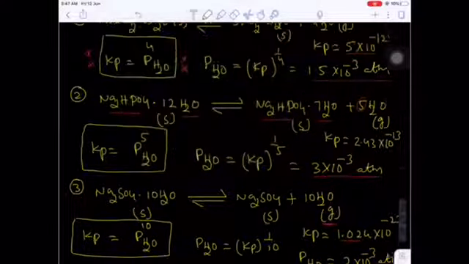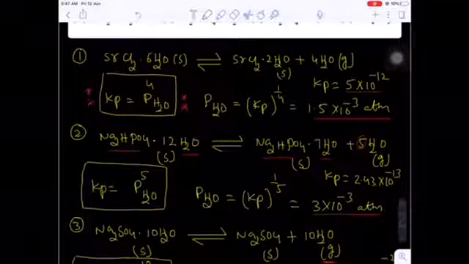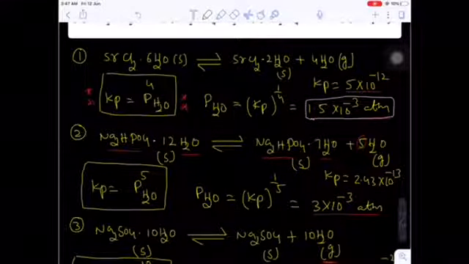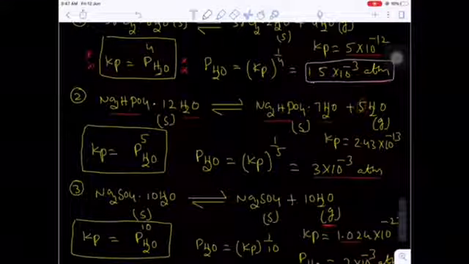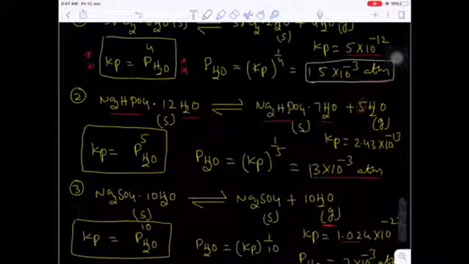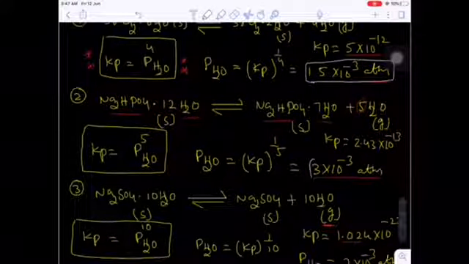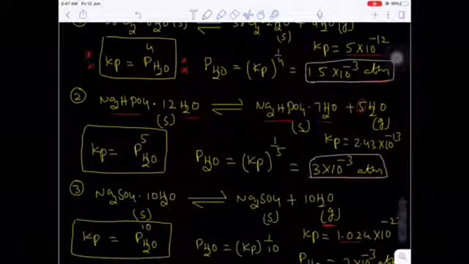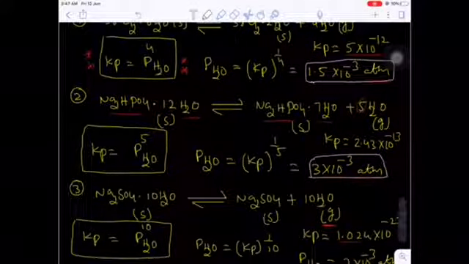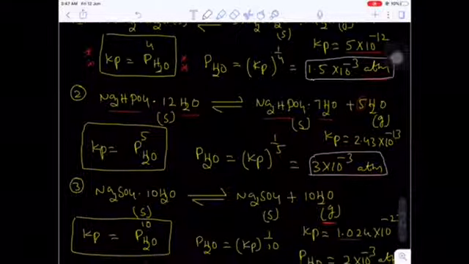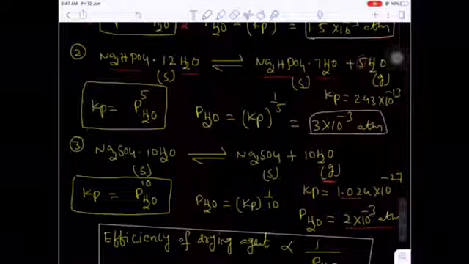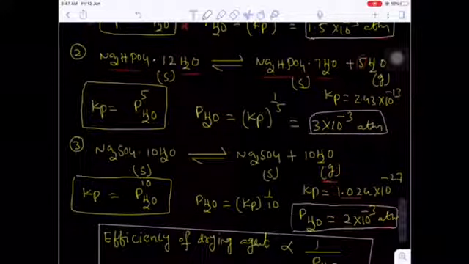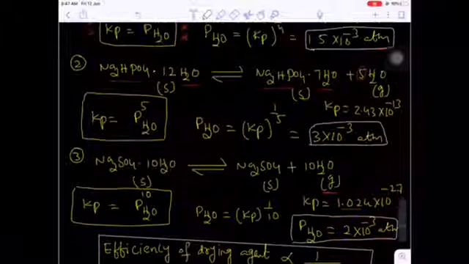Now there are 3 values we calculate. Number 1, for SrCl2 the partial pressure value will be 1.5 into 10 raised to minus 3. The second value is for disodium hydrogen phosphate, partial pressure of water 3 into 10 raised to minus 3. And for sodium sulfate 10H2O, partial pressure of water will be 2 into 10 raised to minus 3.